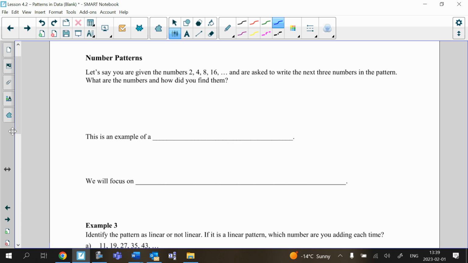So for example, let's say you're given these four numbers, 2, 4, 8, 16. What are the next two? According to this, it seems like we've got a pattern going on. What kind of pattern? Depends. What would the next two be? 32 and 64. How did you get that?